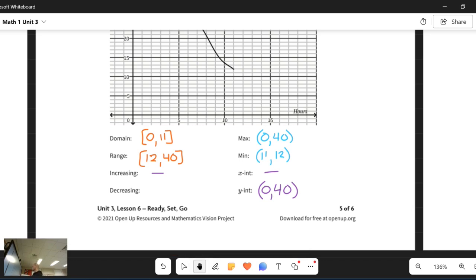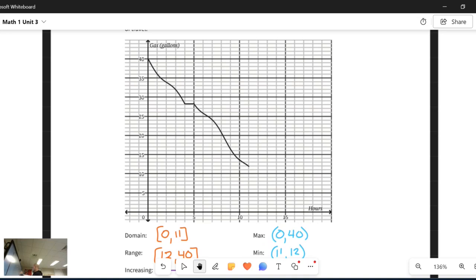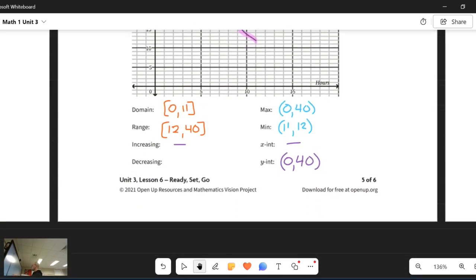Now, decreasing, we're going to talk through this one out loud. In previous videos, I've done this with a highlighter. We're going down, down, down, down. Oh, we're no longer going down. We plateaued. But then we go down, down, down, down, down to there. Great. So for the intervals, from 0 to 4 we were decreasing, and from 5 to 11 we were decreasing. But there's that gap where it technically isn't decreasing.